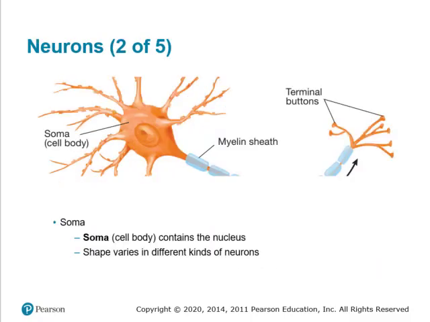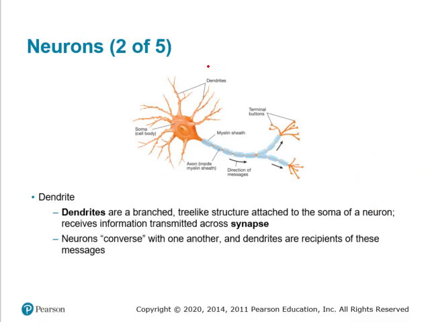So the soma is basically what contains the nucleus. Its shape varies depending on the neuron. The dendrites are the arboreal or tree-like branches that extend from the soma, and they receive information from other neurons through synapses, which are the connections between neurons and by which one neuron communicates with the other.